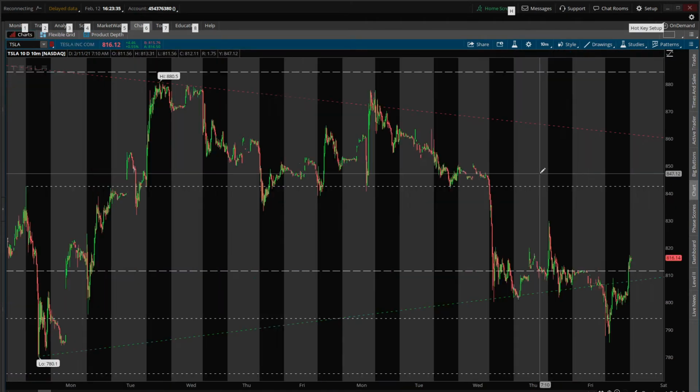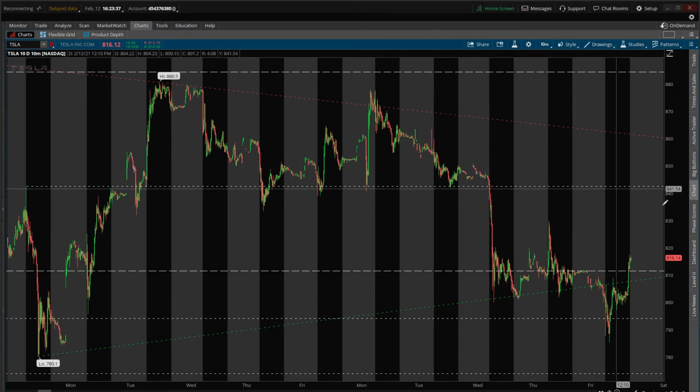So we'll zoom out so we can just look at this real quick. The market's strong, so we're back within our price channel here, working back towards the middle theoretically. The big thing is we're back above this 811 level, so we're not done yet, but we're starting to see much more clearly the weakness in Tesla, especially when the market is not just going straight up, right?